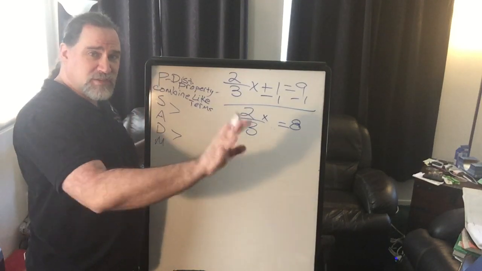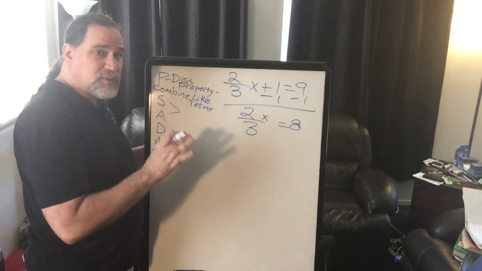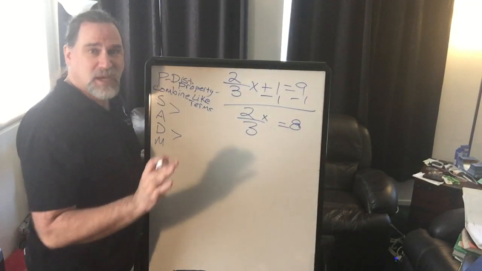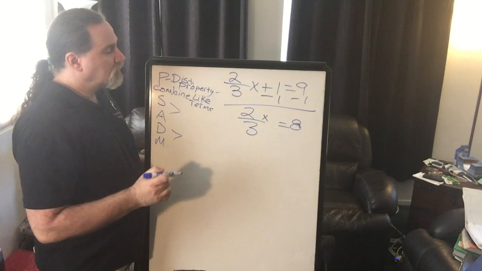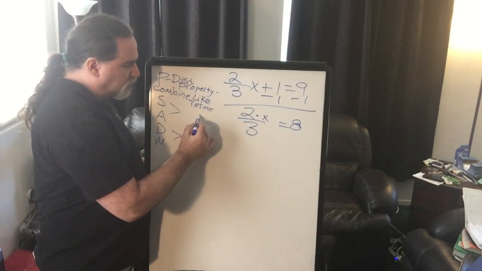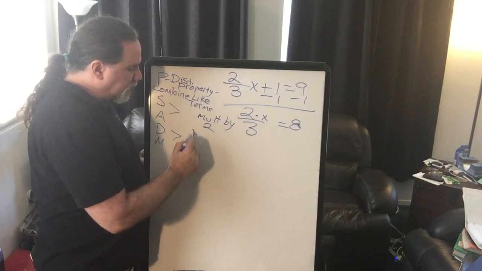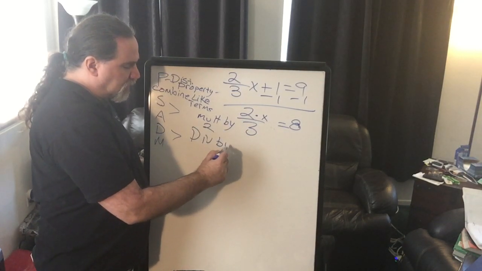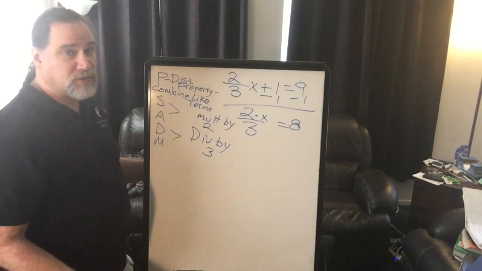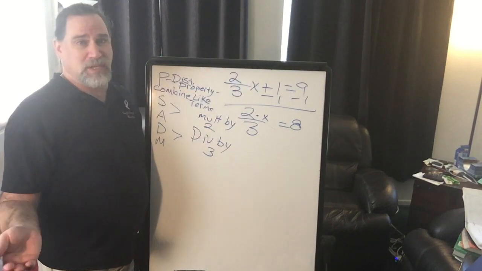If you ever see it on the side, it's actually always on the top. If it's in the bottom, it has to be written there, and you'll see that in a couple of years, not right now. But if I put my little dot there, we are multiplying by 2, and we are dividing by 3. So there are two things going on. That's what it means to multiply by 2/3. Multiply by 2, divide by 3.